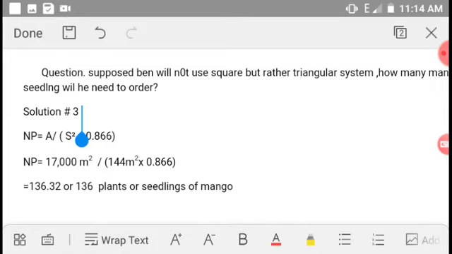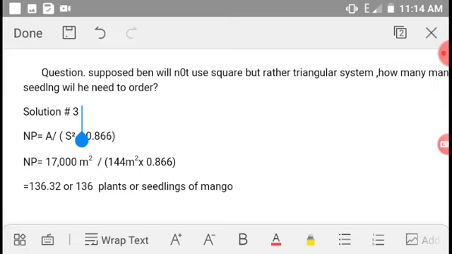So, question. Suppose Ben will not use square but rather the triangular system, how many seedlings will he need to order? So, kunin natin yung mga given niya kanina. Yung area is 1.7 hectares, so yung equivalent nun ay 17,000 meters squared.